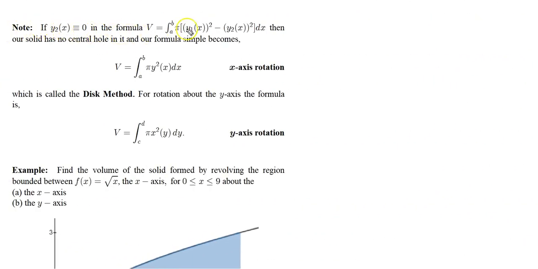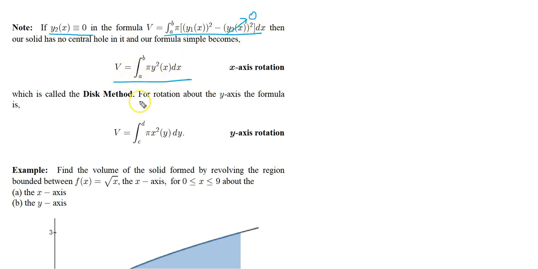In the formula for the volume of a solid of revolution, now this is for rotation around the x-axis, if the y2 is equal to 0 everywhere, so if this is equal to 0, that's what we're stating over here, then your solid has no central hole running through the middle of it, and your formula for the volume of a solid of revolution just becomes this, where this y right here is just the y1, redesignated as y, and the y2 is 0, so it goes away.